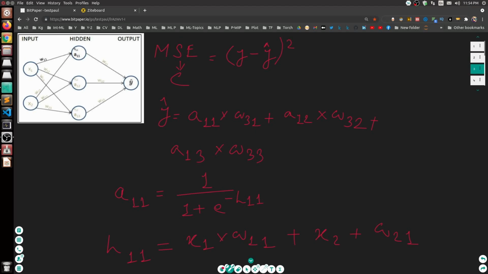And now we want to find out how much of an effect a change in the weight has on the cost function. That is the rate of change of the cost with respect to the rate of change of a single weight. So that we can represent with the chain rule of differential calculus. Let's do that.